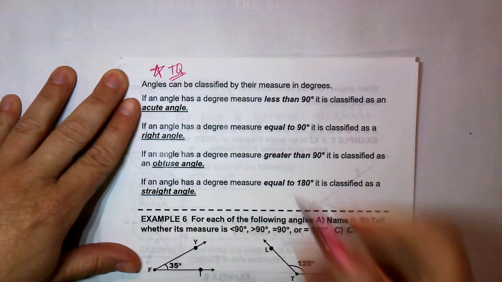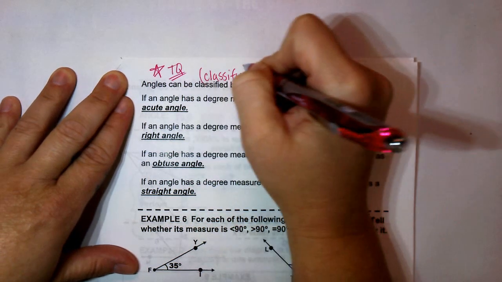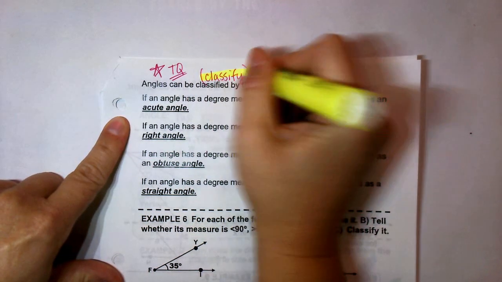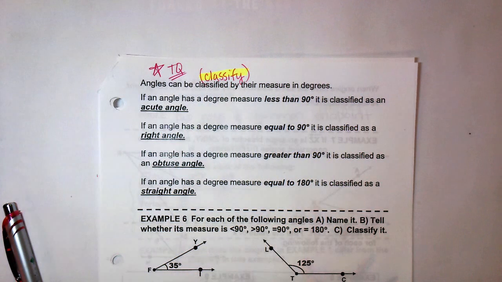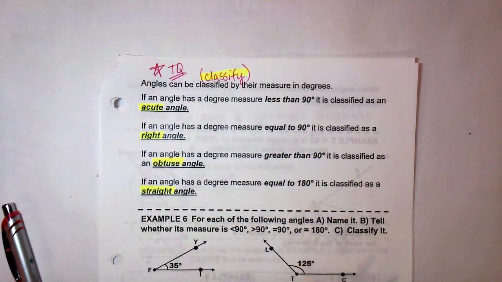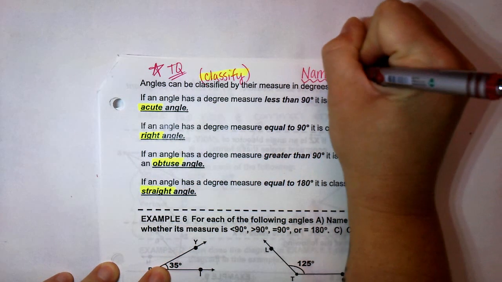Okay, they're going to ask you to classify something. Okay, when they ask you to classify, they want a type, right? So think about your classification in high school. You're classified as a sophomore in high school. If I want to classify angles, I'm going to put a descriptor on them, right? It's either going to be acute, right, obtuse, or straight. Those are my classifications. If I want to name something, okay, they will ask you to name something.